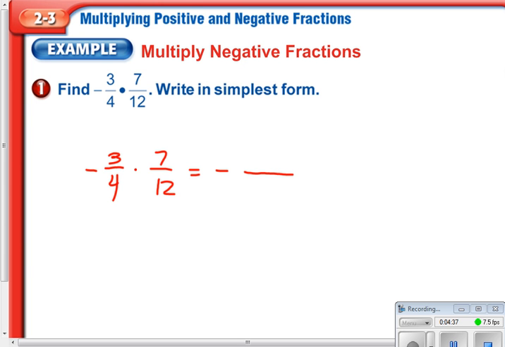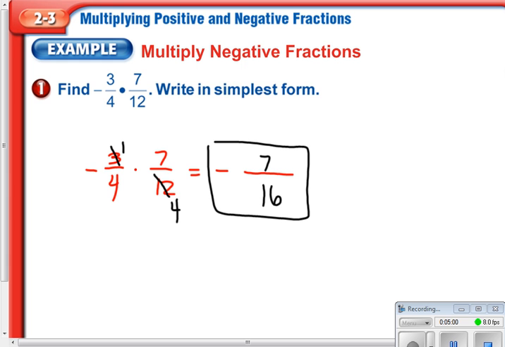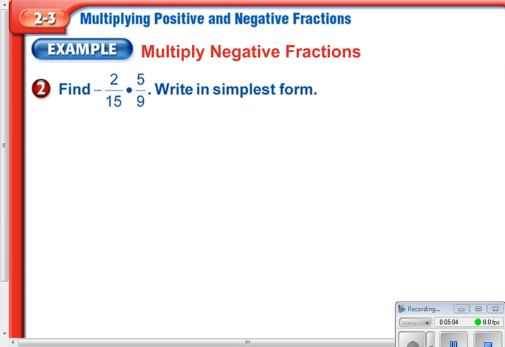So you look at your fractions, can't reduce, so we start looking diagonally, and we can reduce diagonally. We can take a 3 out of the numerator, and we take a 3 out of the denominator, so that winds up with 4. We do our multiplication here. 1 times 7 is 7, and 4 times 4 is 16, giving us negative 7/16.